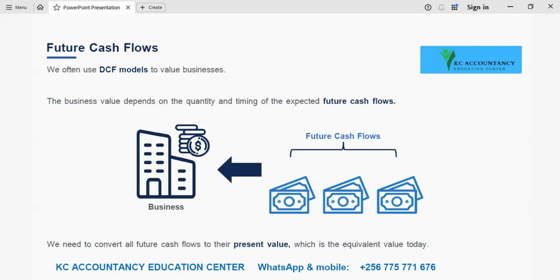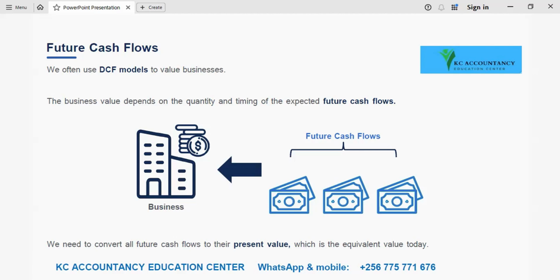So if someone is receiving that money in 2 years' time, the issue is, how much is it now? Getting that now value is what we call the present value, and that present value is gotten by discounting those cash flows. After discounting those cash flows, we sum them up, and that is the total value of the business.